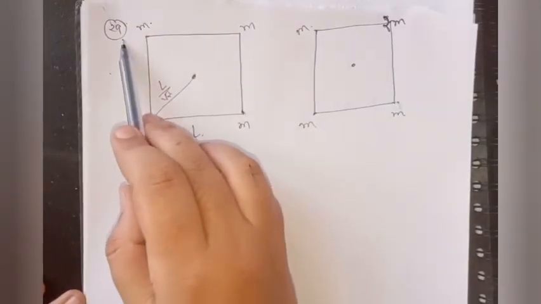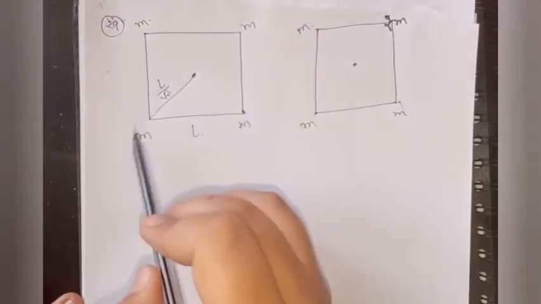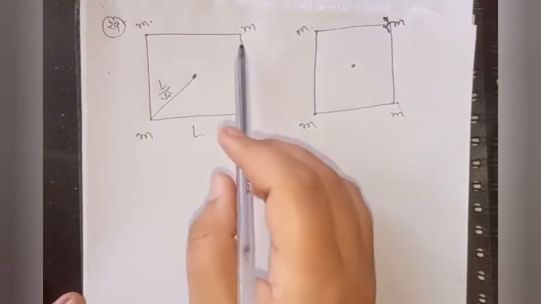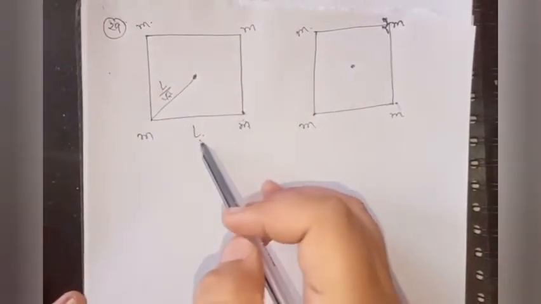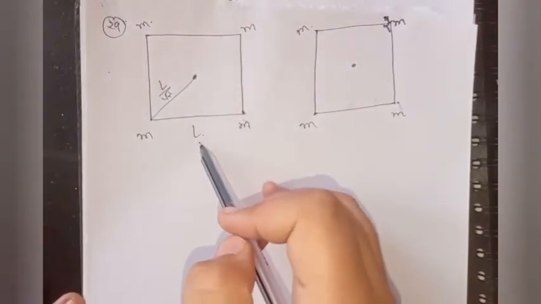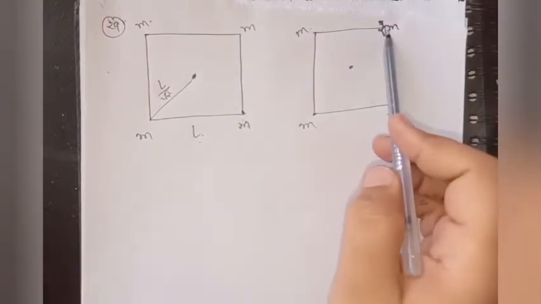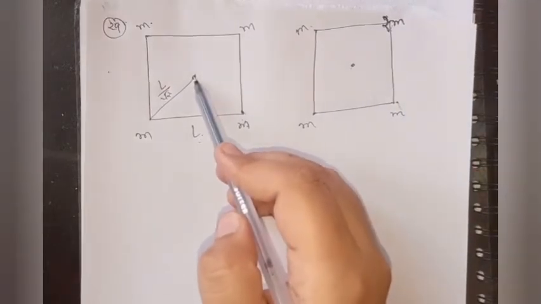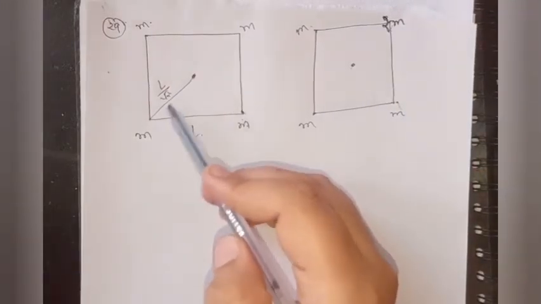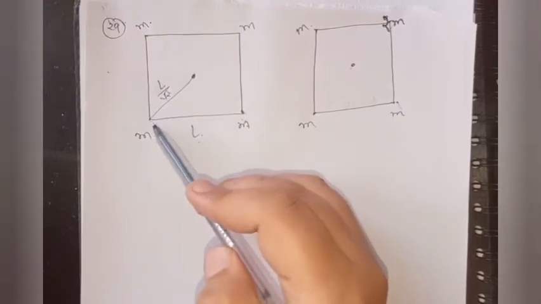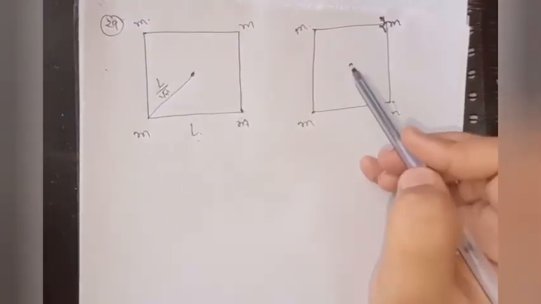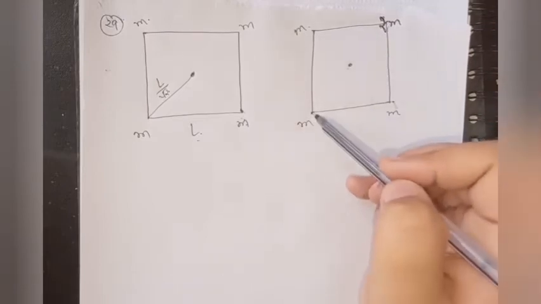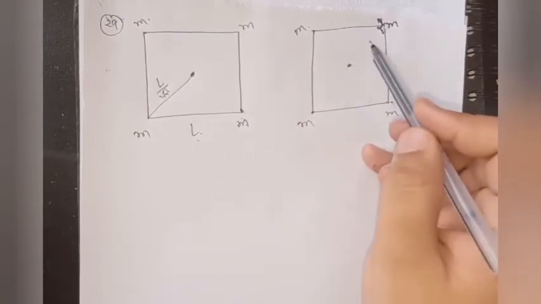In question number 29, it is given that initially 4 identical mass particles, each of mass m, are placed at the corners of square of side L. Now one of the mass is doubled, so the center of mass will get shifted. In this case, center of mass was at the geometric center and it was having distance of L by root 2 from each corner. We want to find the shift in the center of mass, in this case from the opposite point. From this point we have to find the shift.